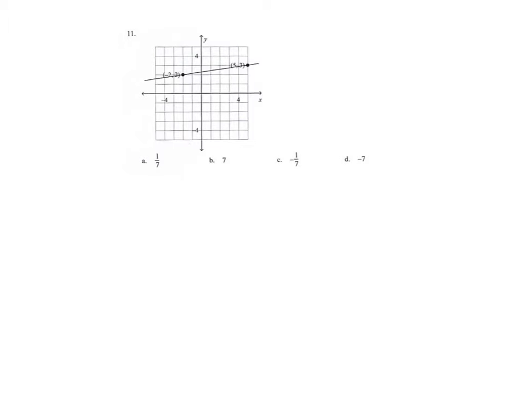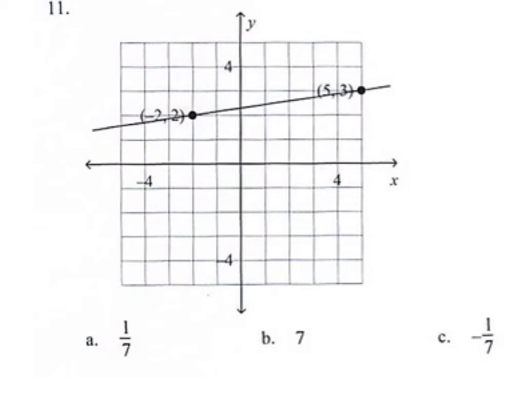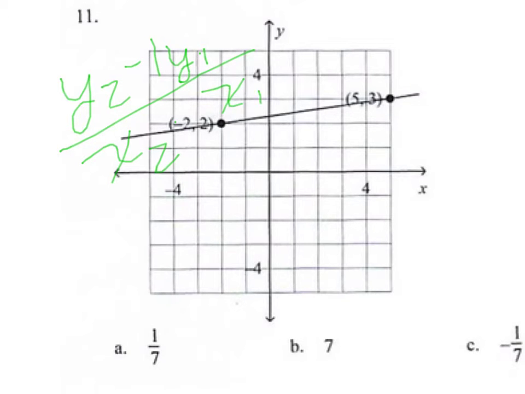Another slope. You can do y2 minus y1, actually that should be the 1 back here, over x2 minus x1, but that just seems like so much work when you can just count up, and you can go, my rise is 1, then I'm going over 1, 2, 3, 4, 5, 6, 7.